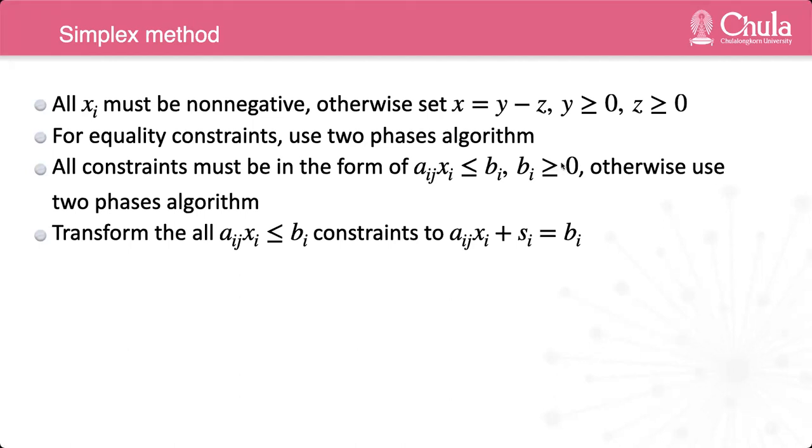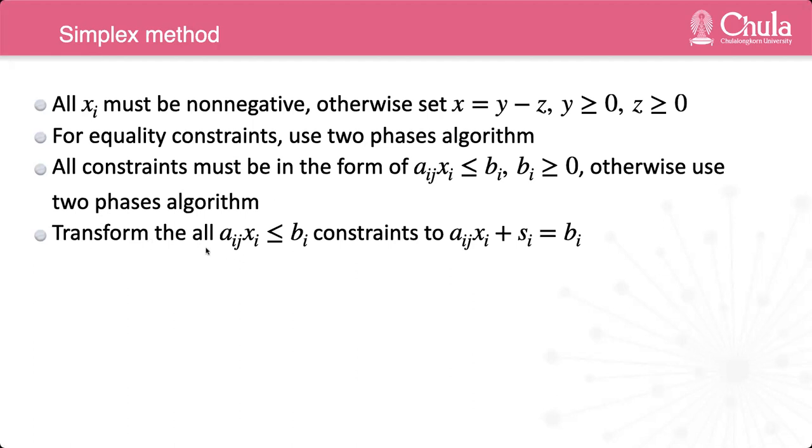If you cannot convert to this form, we need the two-phase algorithm, okay? Hold on. We will do it later once I explain the simplest one first, okay?